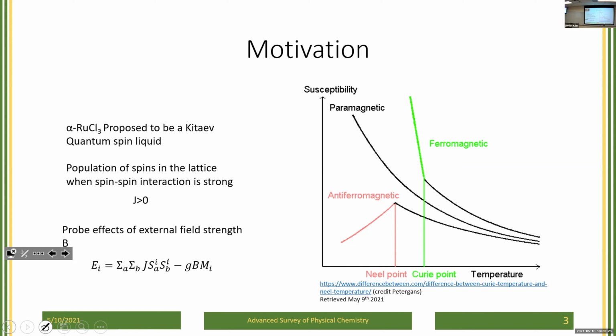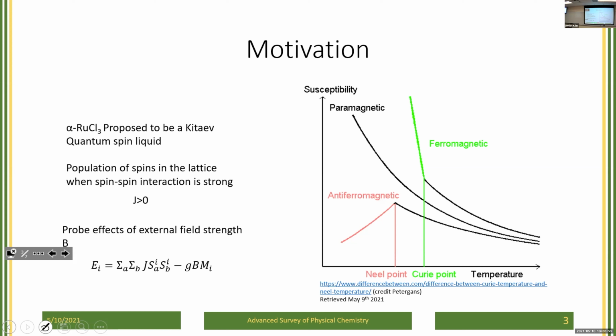Second point, on the same slide you're showing right now, you have a Néel point listed for the antiferromagnetic configuration. Can you define what a Néel point is, as opposed to a Curie point? To the best of my understanding, which is not phenomenal, it has to do with the difference of material.